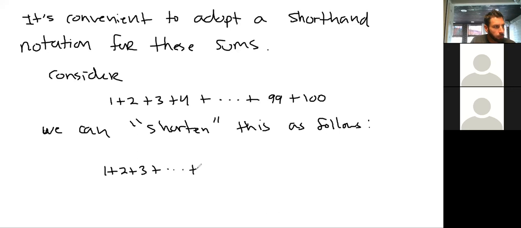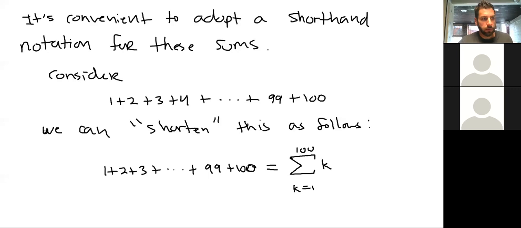We don't want to have to write this all the way out. So we create a symbol that tells us we're adding things up. We use the capital Greek letter sigma, and we shorten it like this.